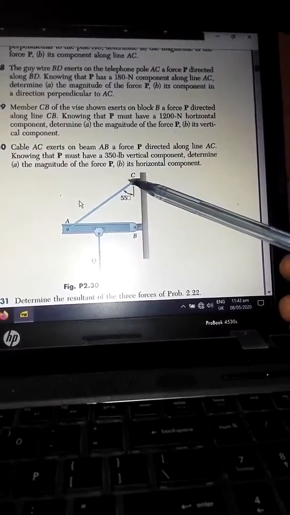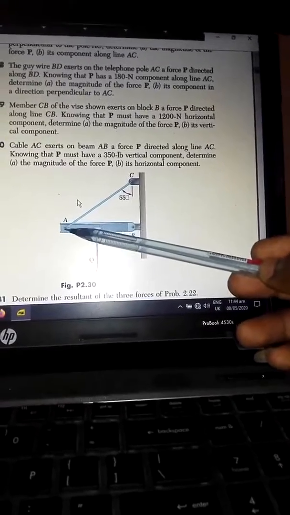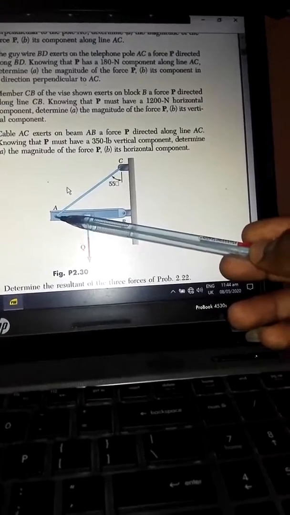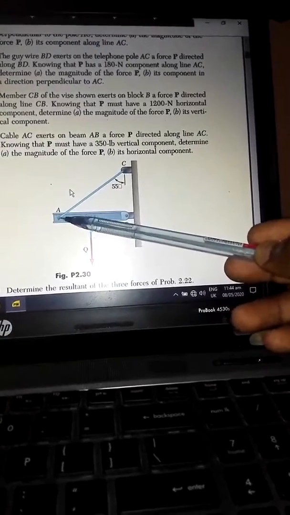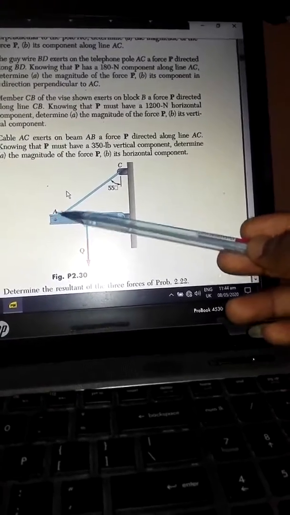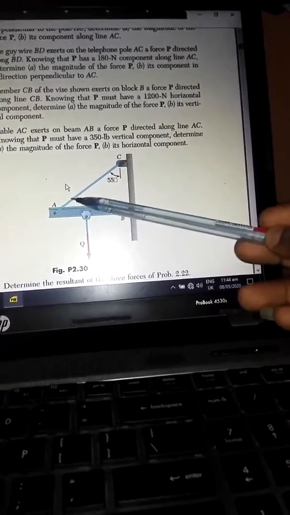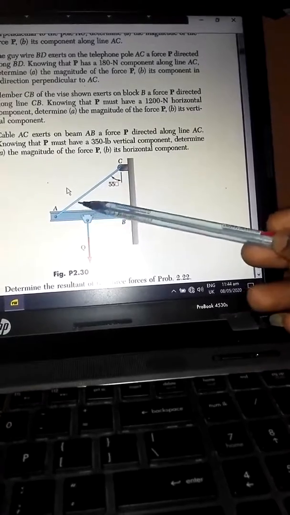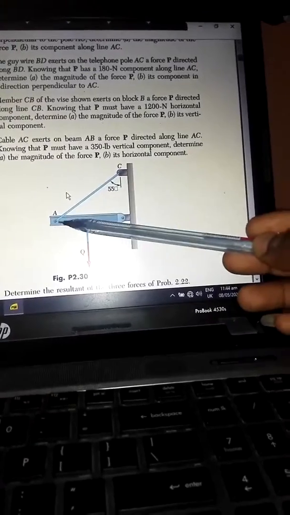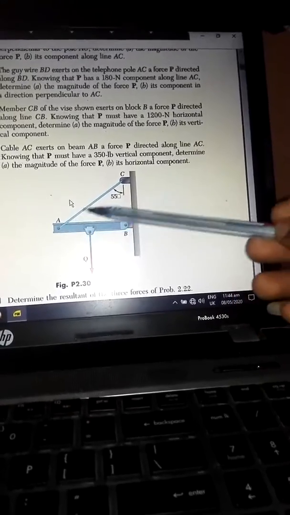So where is the point at which it exerts a force on beam AB? It is the point A to which it is attached. So the force it exerts on beam AB will be directed away from the point A. That is, the effect of this rope on beam AB is that it gives it some support, or exerts some force on it, which is directed in this manner, away from the point A. It cannot be towards point A. That would mean that this is not supporting the beam, but it is actually pulling it, no, pushing it away.